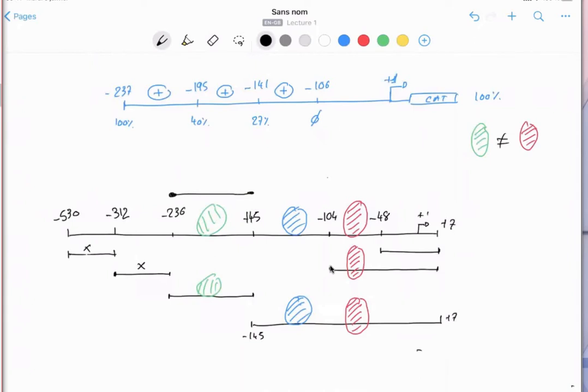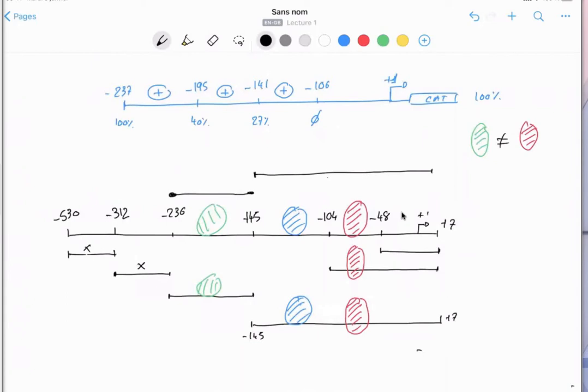And if we use the fragment minus 145, the one that can be bound by blue and red, as a competitor, the complex between the probe and the green is still present.